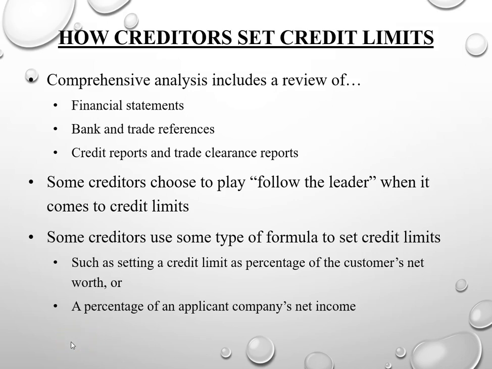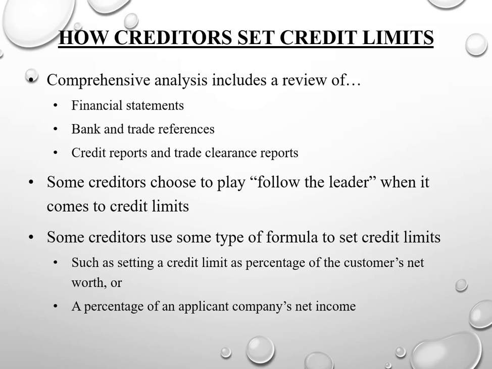So just a quick comment on the idea of using percentages. The dilemma, the problem, the concern I have about a formula-based credit limit is the justification for the decision. The math is easy. It's 10% of this, it's 5% of that, it's 25% of the other thing.